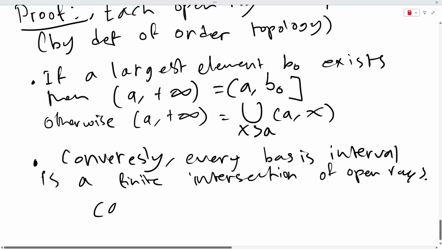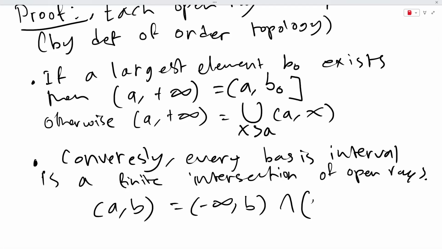Because, for example, if we consider this interval (a, b), then this is the intersection of this open ray, which we call the left open ray, with the right open ray.